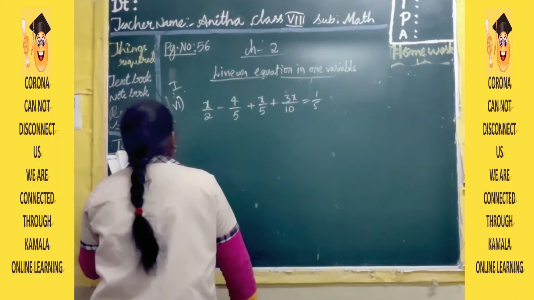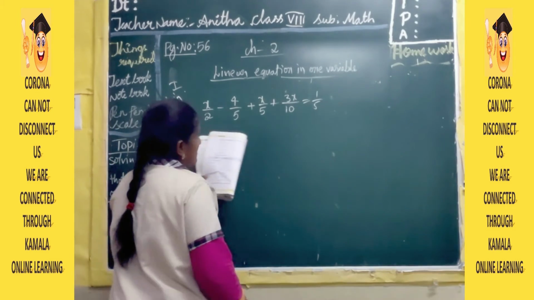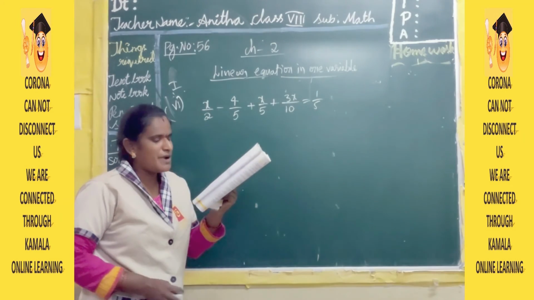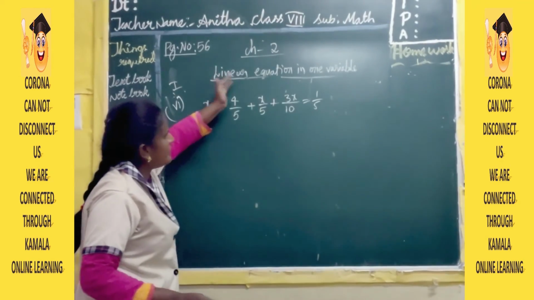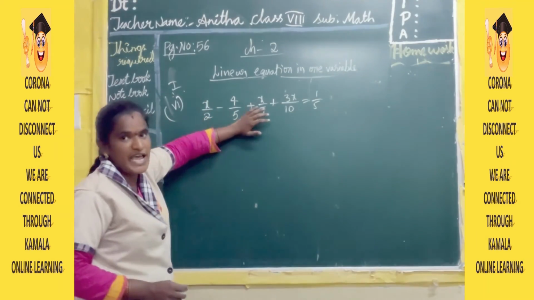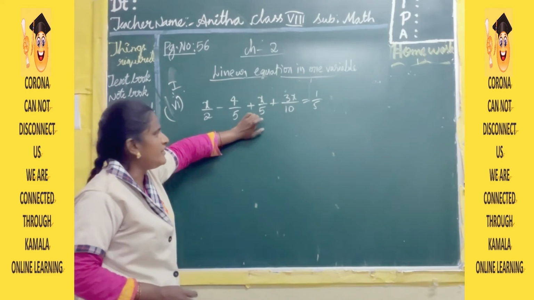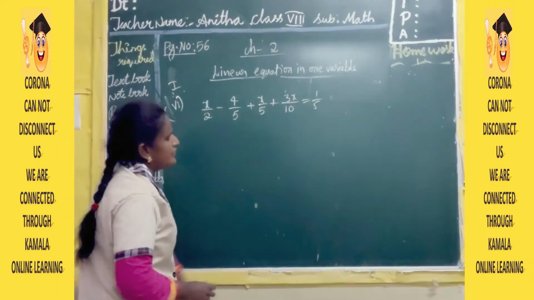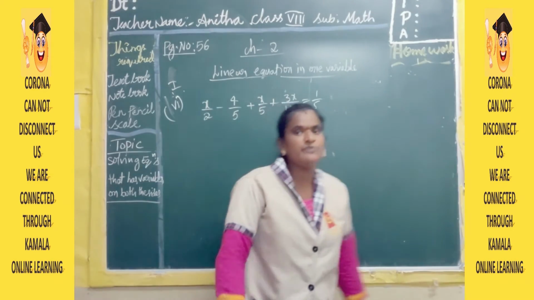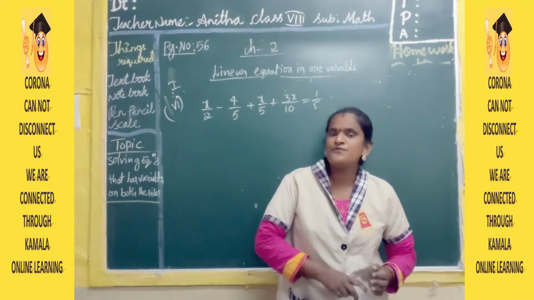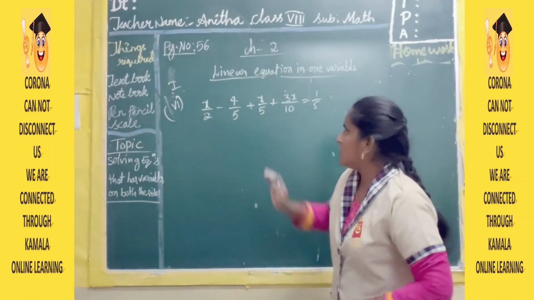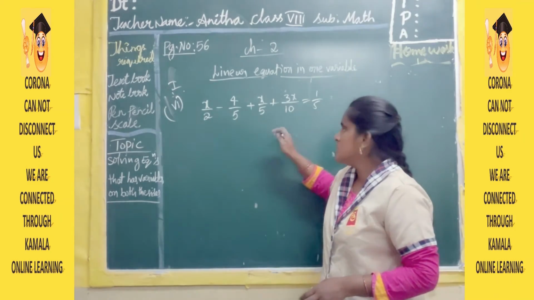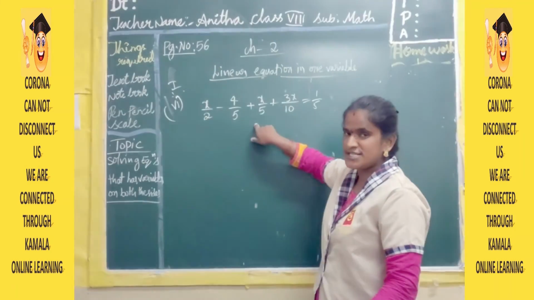From this total we need to calculate the variable value. So how can you find out the variable value? First all variables on one side, all constant terms on the other side. Here variables and constants are there.